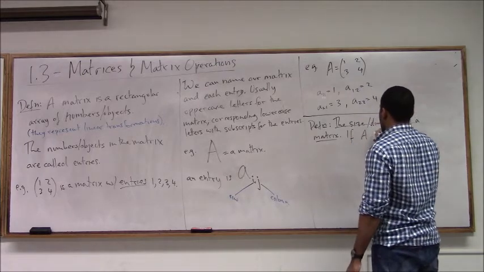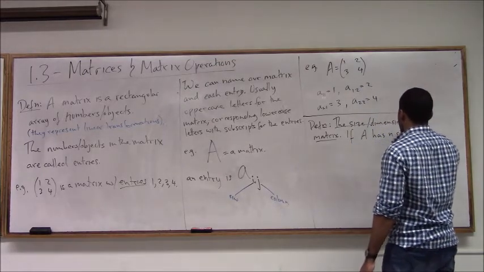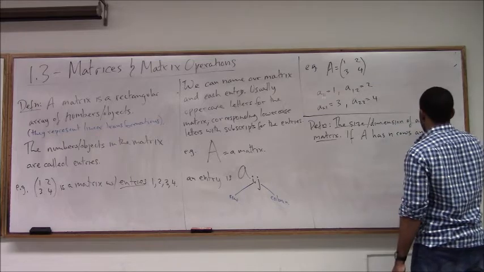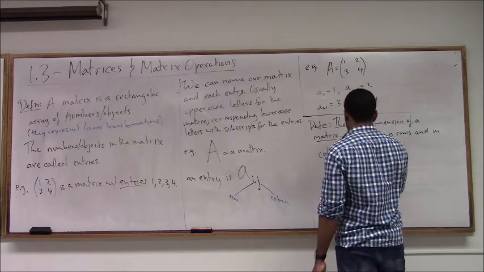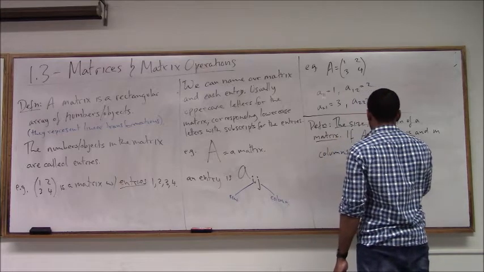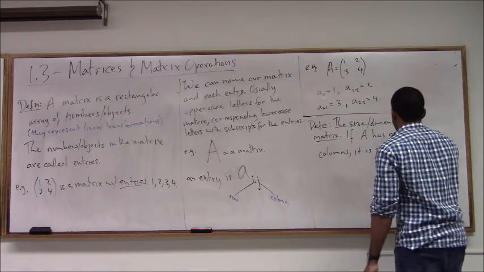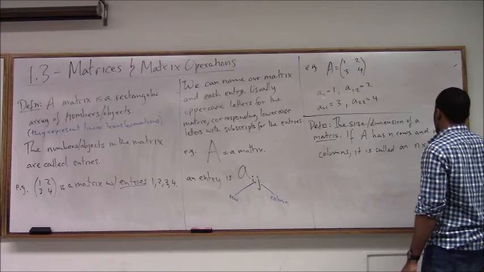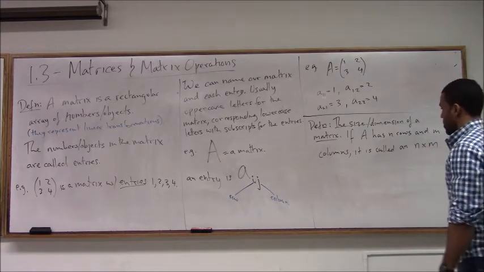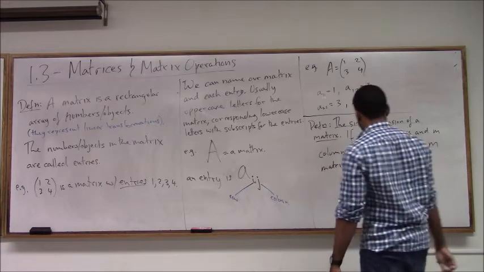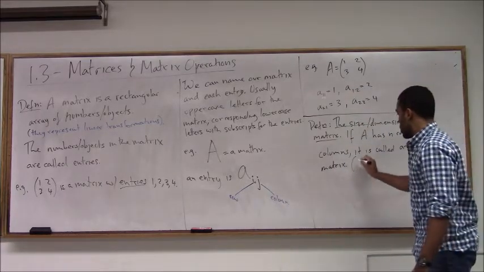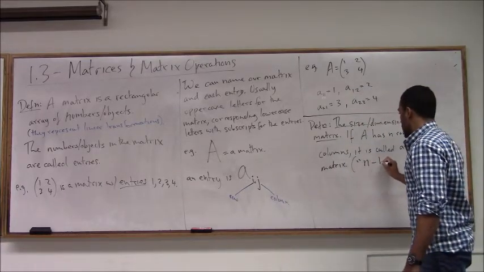If A has n rows and m columns, it is called an n by m matrix.